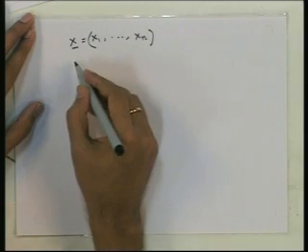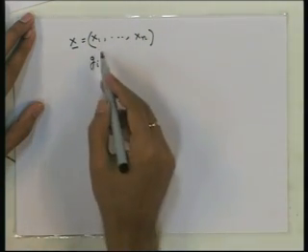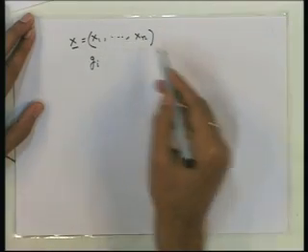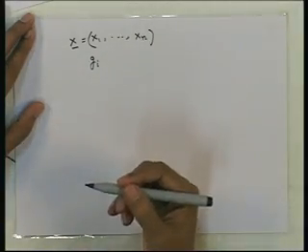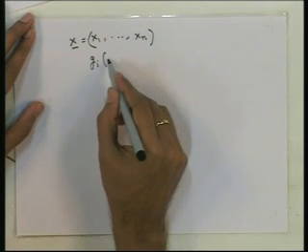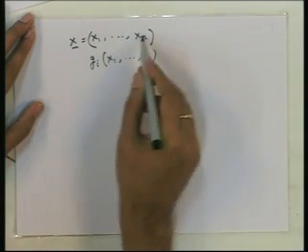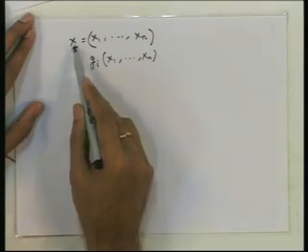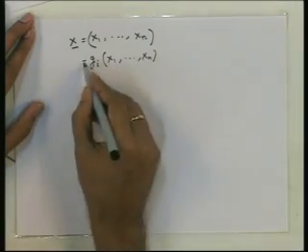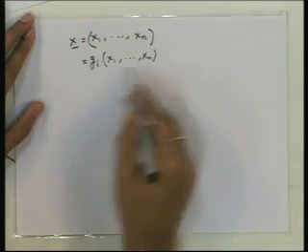The function g i, the ith function, takes all these values and then maps it to one real number. So, g i of x1 to xn is a function of all these random variables, that is, it is a function of this random vector, and this function is also a random variable because it is a function of some random variables.